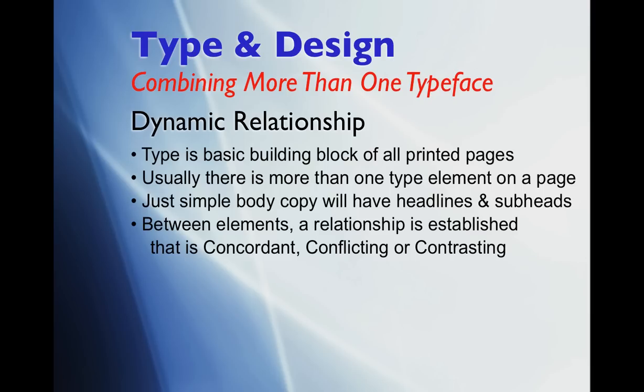So the first idea here is that whenever we combine various elements of any kind, a dynamic relationship is created or is established. And type, of course, is one of the basic building blocks of all printed pages.